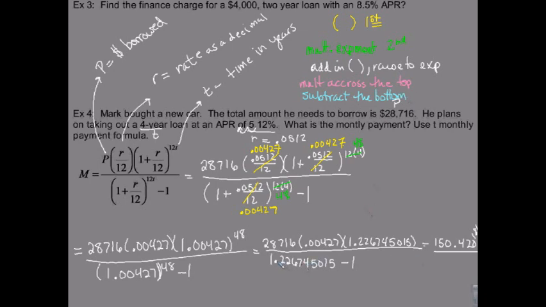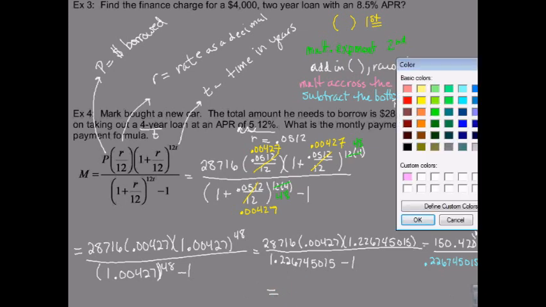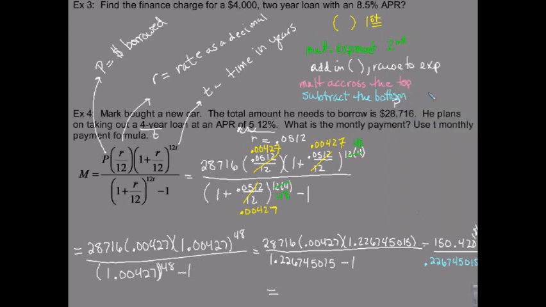Okay, so 1.226745015 minus 1 is just 0.226745015. And finally, for our last step, then you divide.